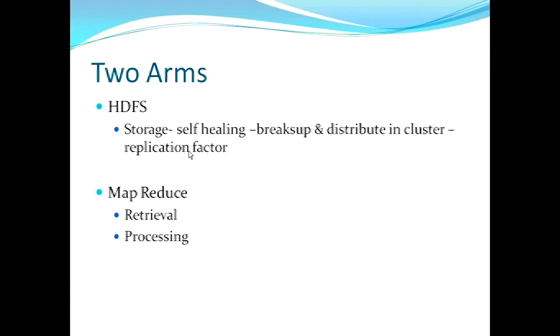HDFS is a distributed file system that spans all the nodes in the Hadoop cluster for data storage. HDFS links together the file systems on many local nodes to make them into one big file system. HDFS assumes nodes will fail, so it achieves reliability by replicating data across multiple nodes.